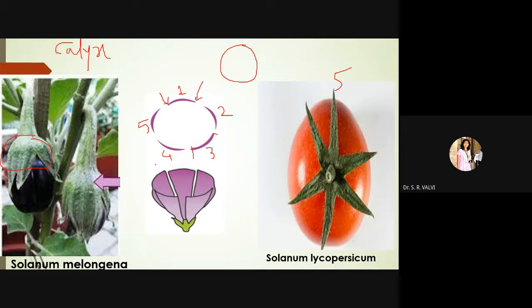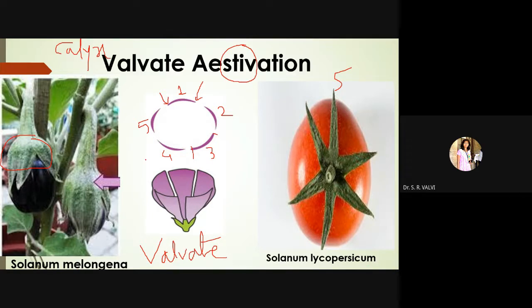Okay, so if you are observing such a pattern of arrangement of calyx, then this type of estivation is called valvate type. Which type? Valvate type of estivation, right? So this type of estivation is found in Solanum melongena and Solanum lycopersicum. So this one is valvate estivation.